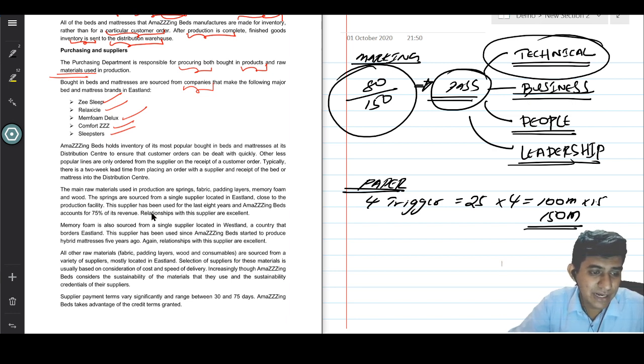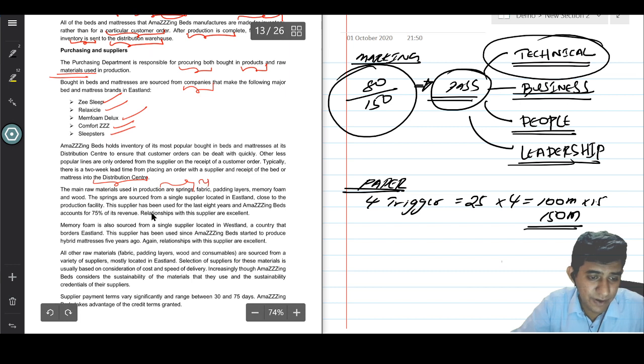Other less popular lines are only ordered from the supplier on receipt of a customer order. Typically, there is a 2-week lead time from placing an order with the supplier to receipt of the beds and mattresses within the distribution center. The main raw materials used in production are springs, fabric, padding layer, memory foam, and wood.